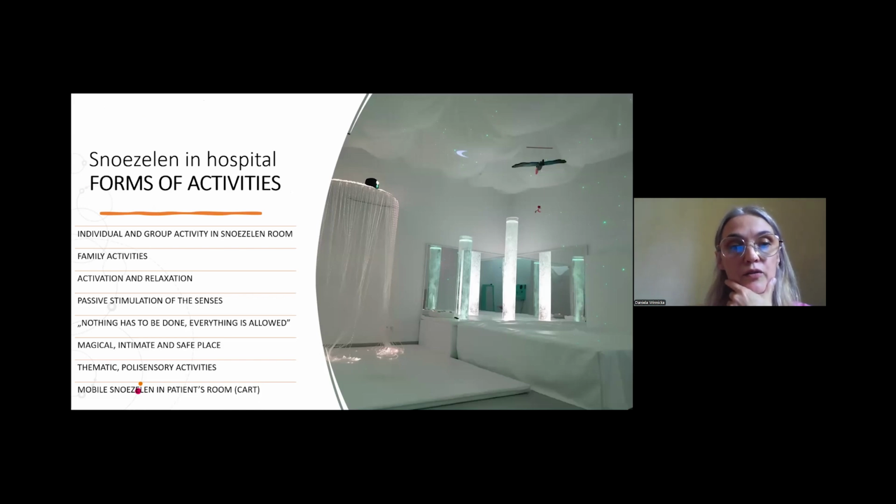It is also a good form for family activities. Sometimes we try to have families meet in a snoezelen room because it is a very safe place. Activation and relaxation at the same time, because we try to do everything so that the person in the snoezelen room feels good at this time.